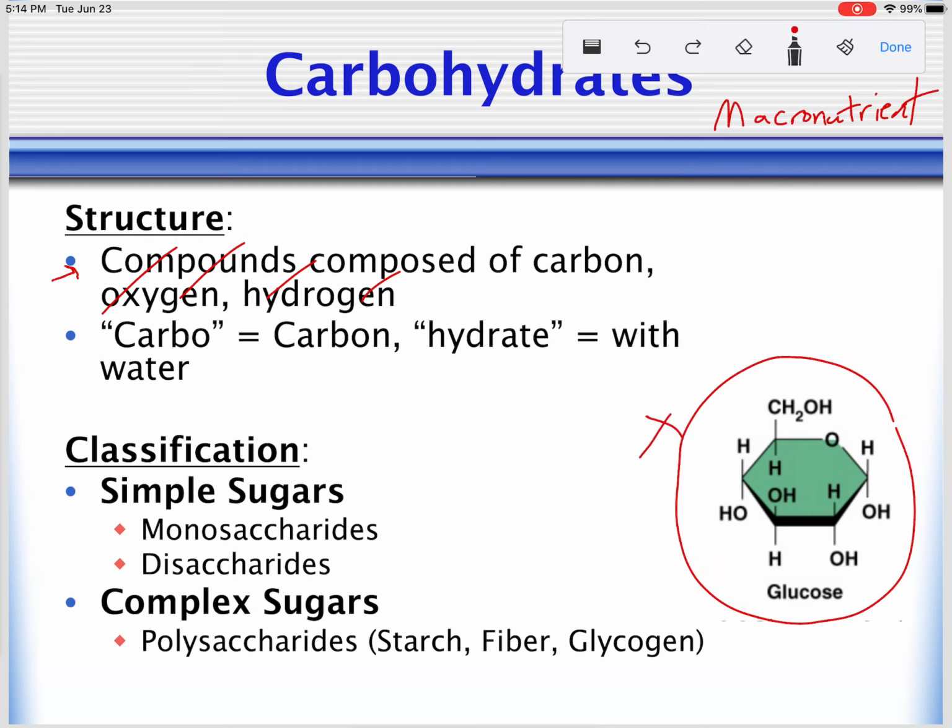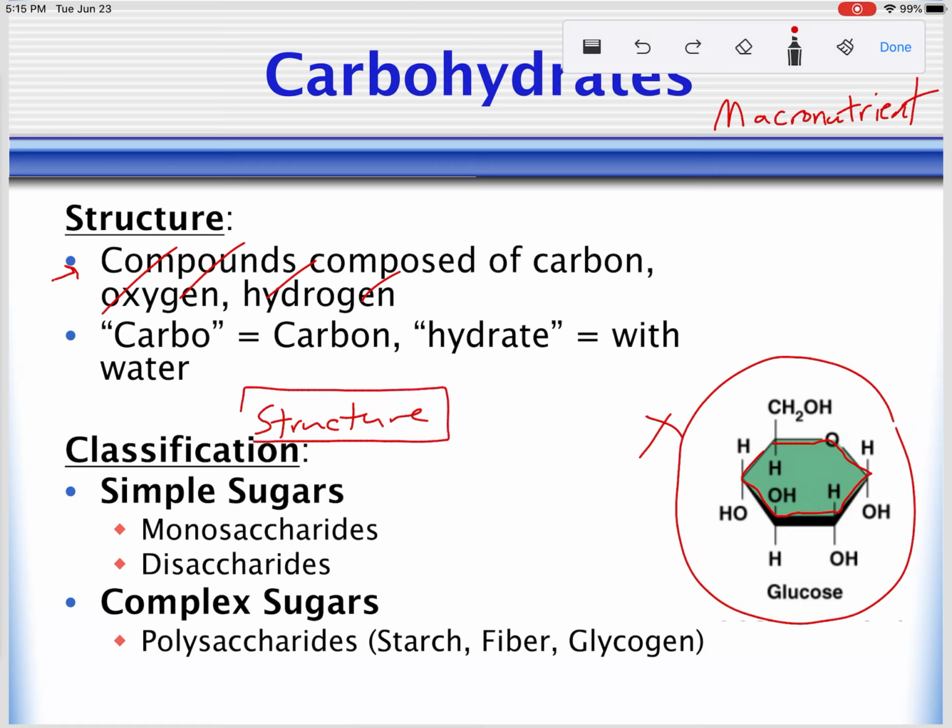I'm not going to ask you specifically about the picture on a quiz or an exam, but I do like to show you a picture just because it gives you an idea what it looks like. So, if you were so interested, because science is cool, at what a glucose or a sugar molecule looks like, it's like a little stop sign. It's a hexagon with certain elements arranged around it. But again, not going to be on any quiz or an exam. What you do need to know, however, is the structure.